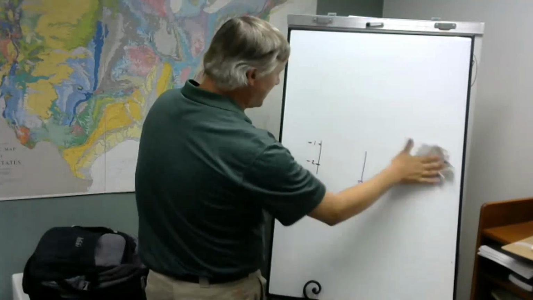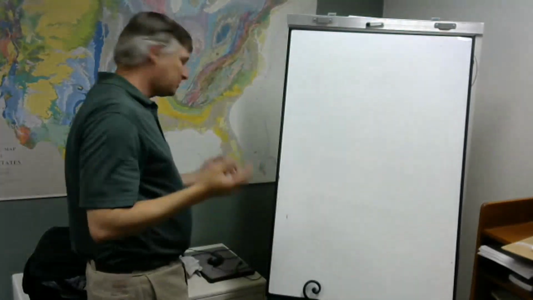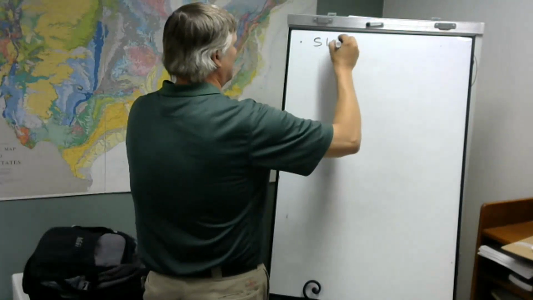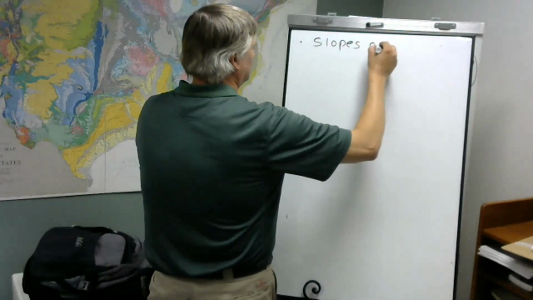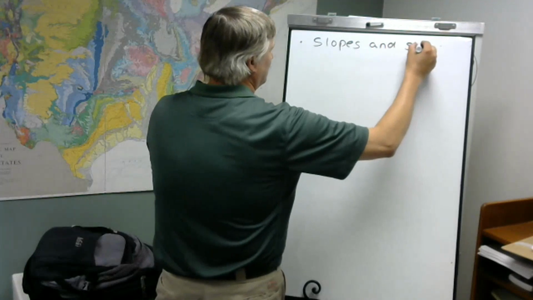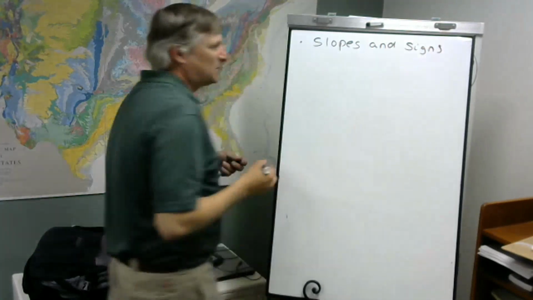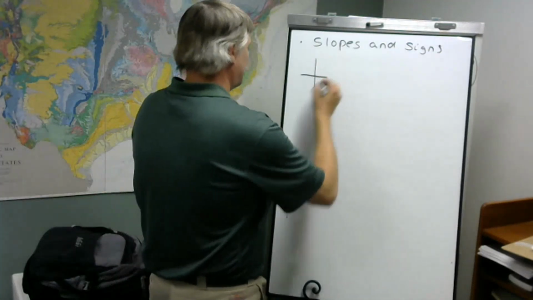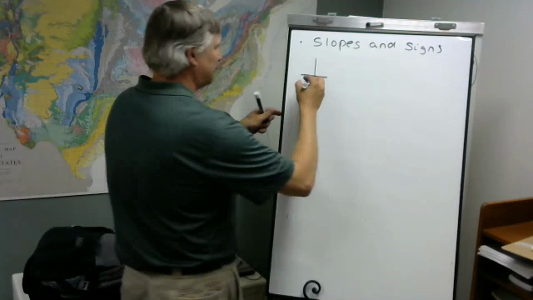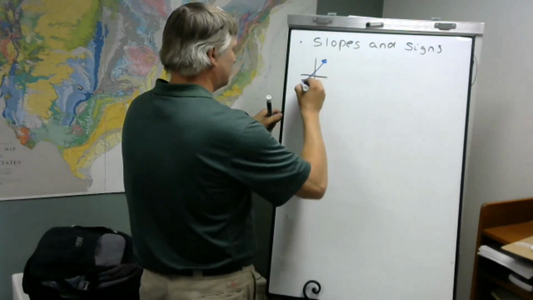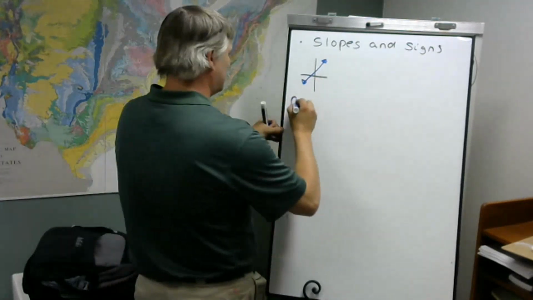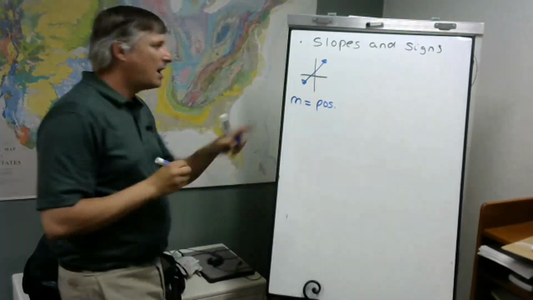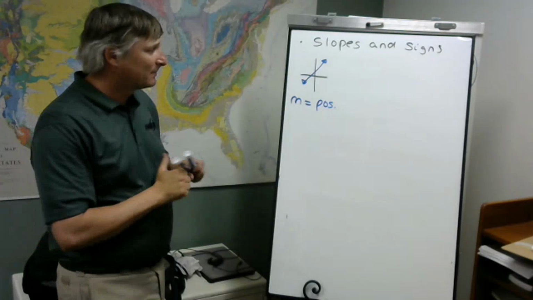So to summarize this, I just want to talk about slopes and signs. So this is sort of generic, but if you have a line like this, your slope is positive. Positive slope line looks like that.